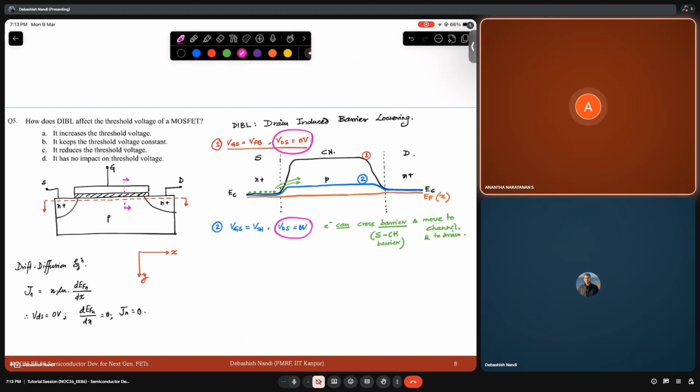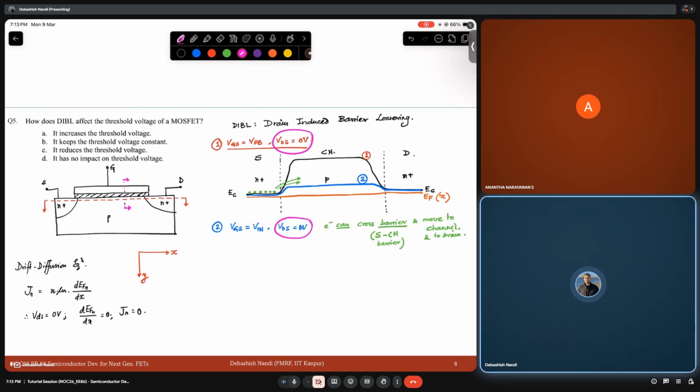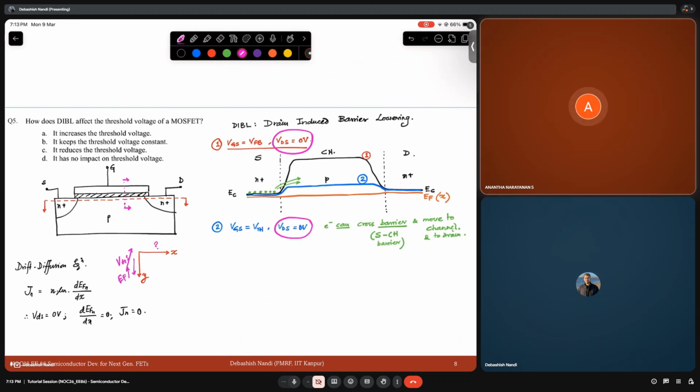It will be extending in the back direction as well, right, sir? So it is changing in the y direction with VGS. In the y direction, EF will change. But in the x direction, why will it change? So the EF in the y direction will change when we apply VGS, right, sir?